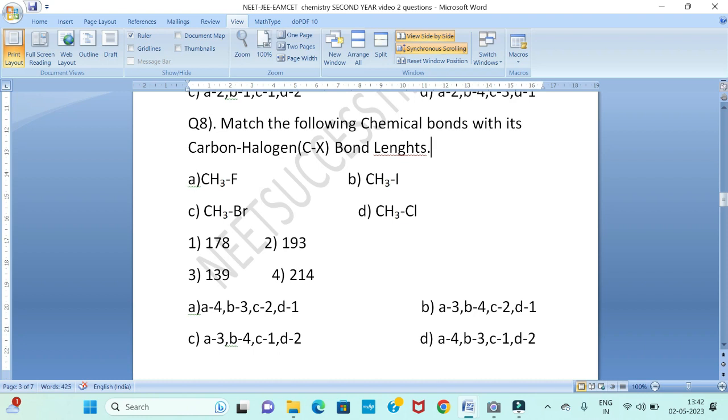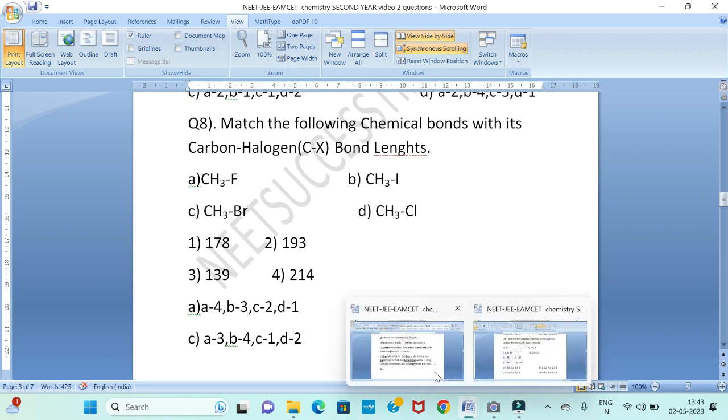There are a total of 6 elements in group 17. That is called the halogen group, halogen elements. Group 17 is the halogen group in the periodic table. So, how can you remember? We will see the easy tips and techniques.